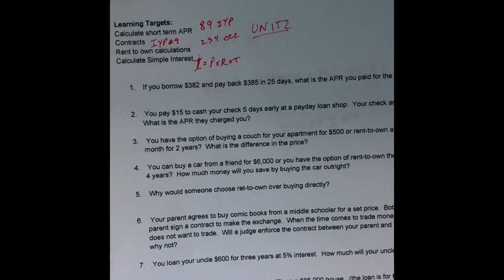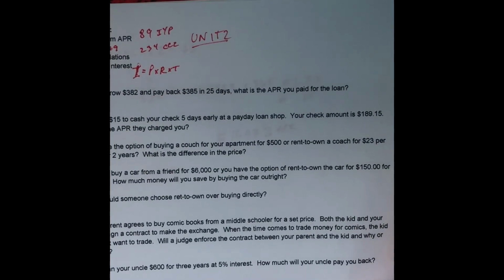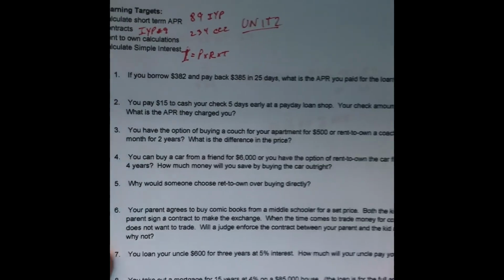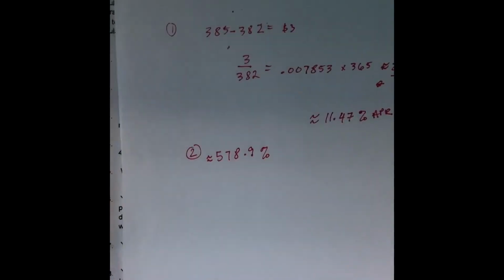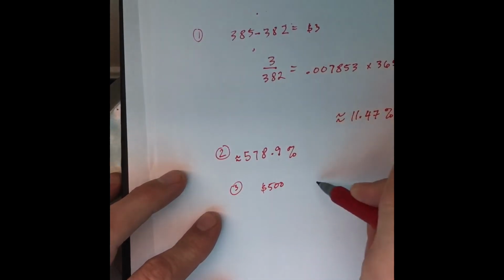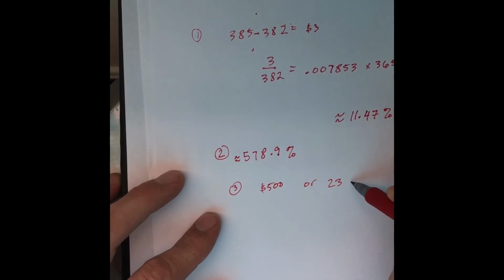You have the option of buying a couch for $500 or rent to own for $23 per month for 2 years. What's the difference in the price? Okay, so on one hand is $500 outright, or it's $23 per month times 2 years, so it's 24 months.